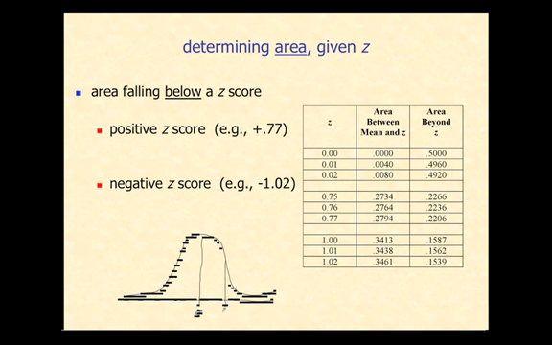So let's say that this is plus 0.77. Now we want to know what is the area falling below that z-score. In order to find that, we need to know the area between the mean and z, so between 0 and plus 0.77, and we find that that's 0.2794, 27.94% of the distribution falls right in here. But that's not all. We also have to remember that we have the entire bottom 50%. And so when we add that together, what do we get?